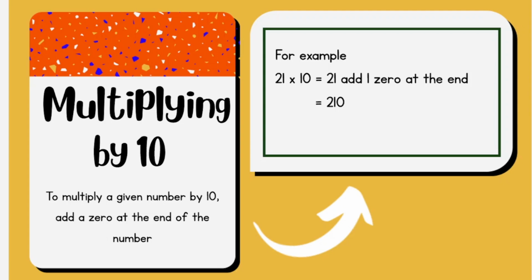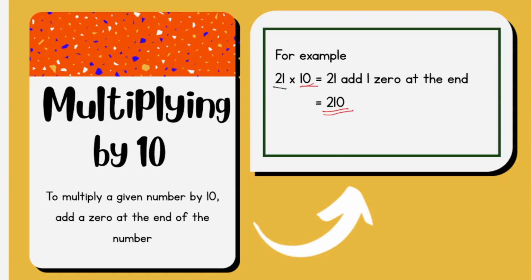Just look at what we have here. We multiply 21 by 10. You just add 0 at the end of 21, and that is why we have 210 as our answer. I hope this is very clear.